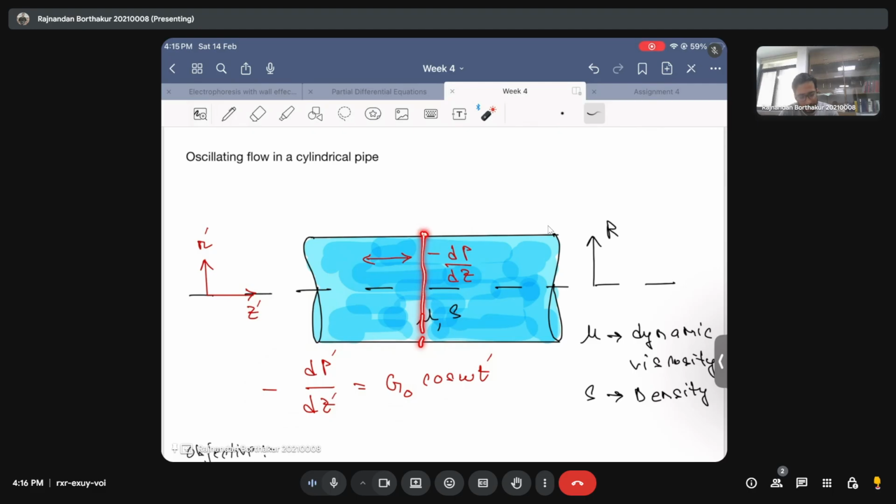For instance, at one instant of time your profile can be like this, and at the next time instant it can be like this, because your pressure gradient will continuously oscillate. That makes the velocity profile not just a variable in space but also a variable in time, and this is how it differs from the classical Hagen-Poiseuille flow that we had been deriving.